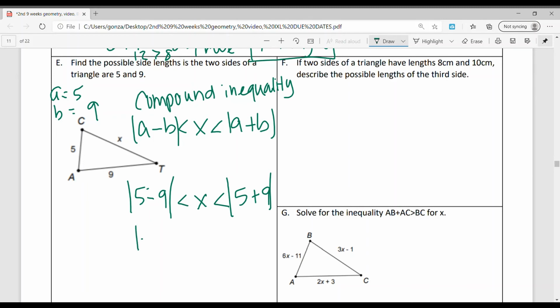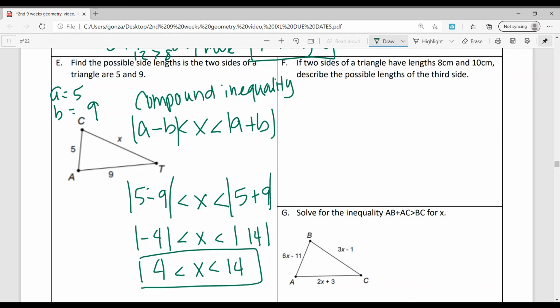So I get the absolute value of negative 4 is less than X, which is less than the absolute value of 14. So if I take it out of the absolute value, 4 is less than X, which is less than 14. So the length of our possible third side is between 4 and 14 for the triangle to be true.